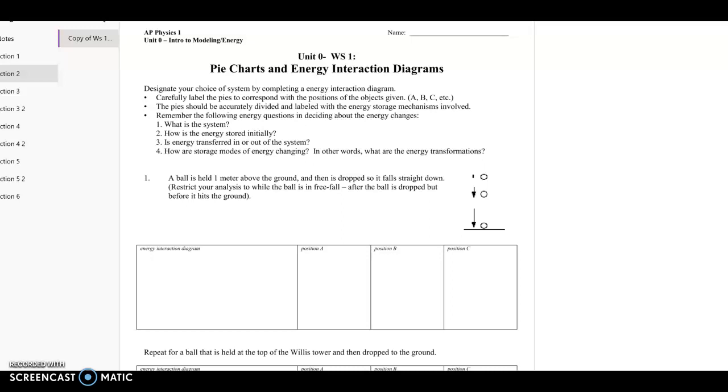So if I look at this right here, I'm going to say the ball and the earth.